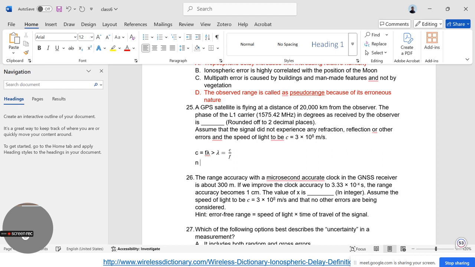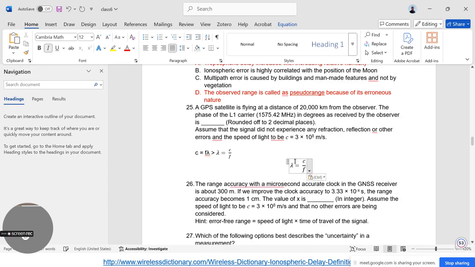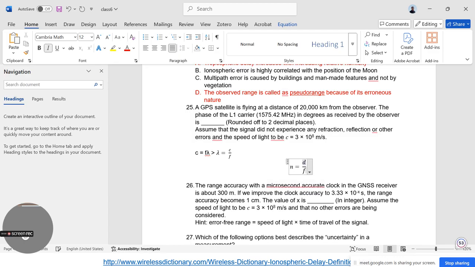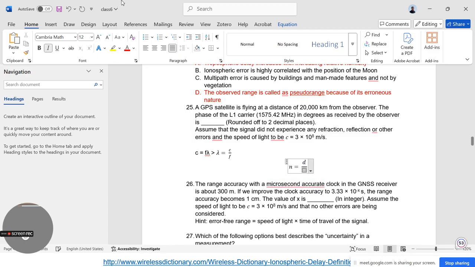So the number of cycles n is equal to the distance divided by our wavelength.